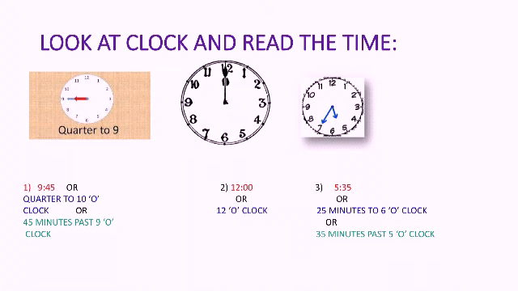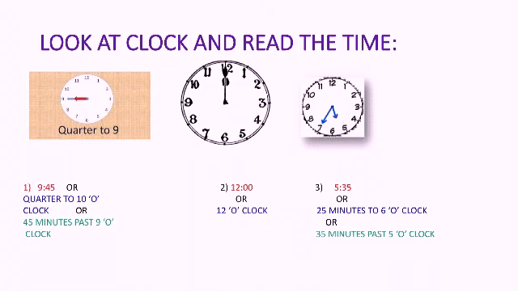Now you need to know when we write past and when we write to. When I say how much time is left to be 6 o'clock, then we write to. That is 25 minutes to 6 o'clock. It means 25 minutes is left for the hour hand to reach 6. That is why we write to.